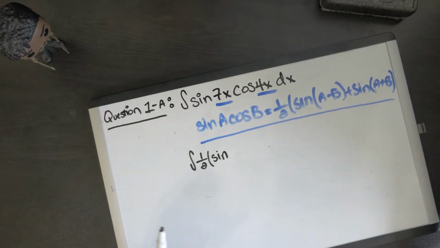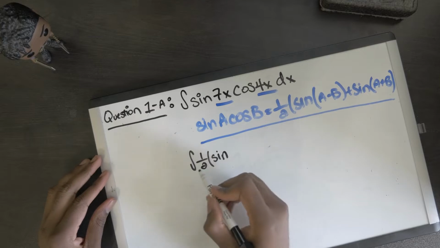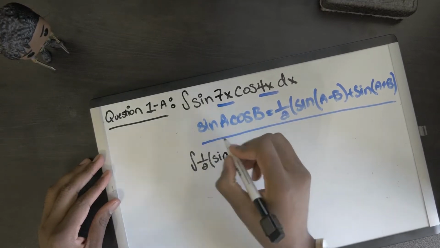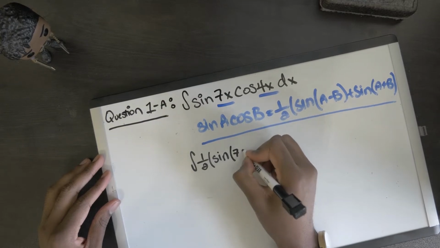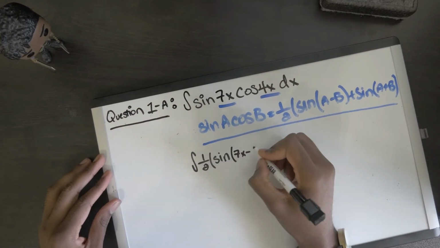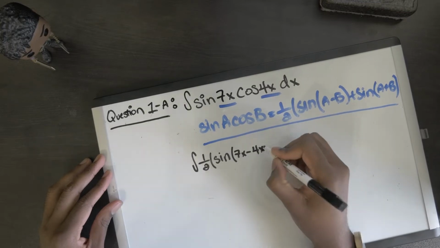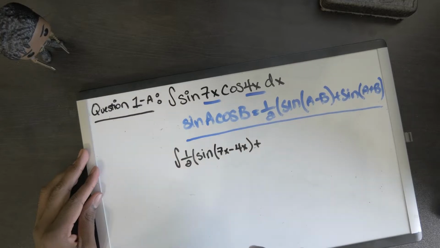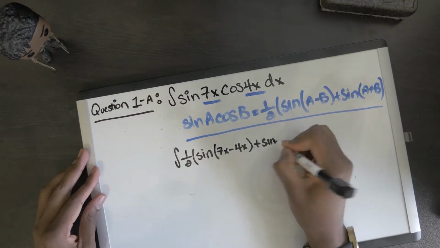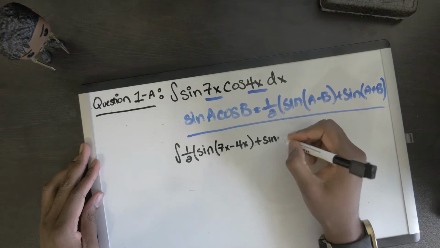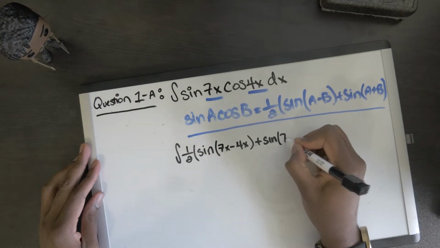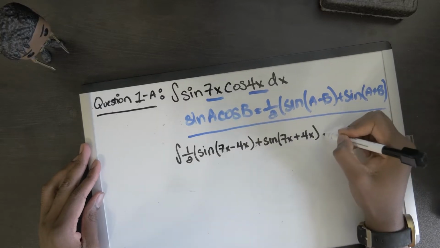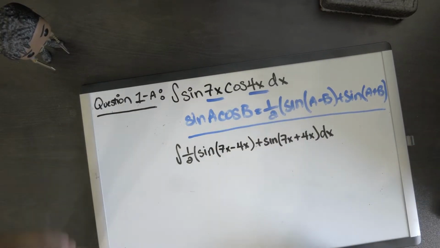So we're going to plug that right back into the equation. So we know it's 1/2 times sine A minus B, so in this case we have 7x minus 4x, plus, and then what's next in our equation there? We have sine of 7x plus 4x. And let's not forget the dx at the end, because we're still trying to find the integral in terms of x.